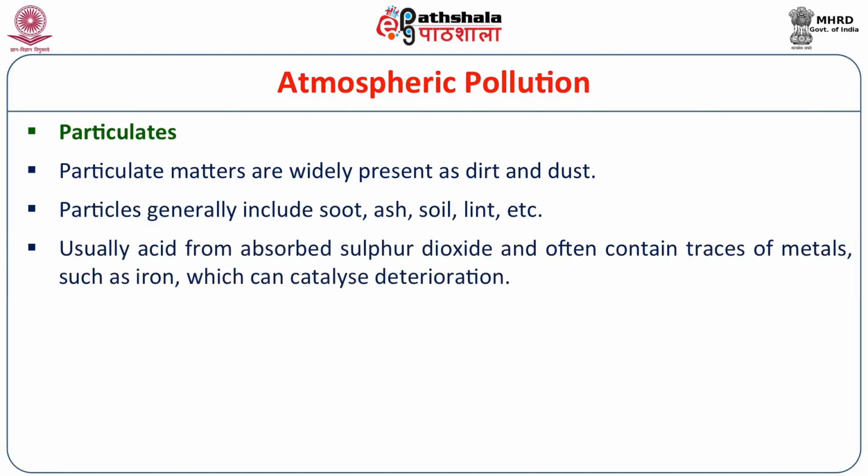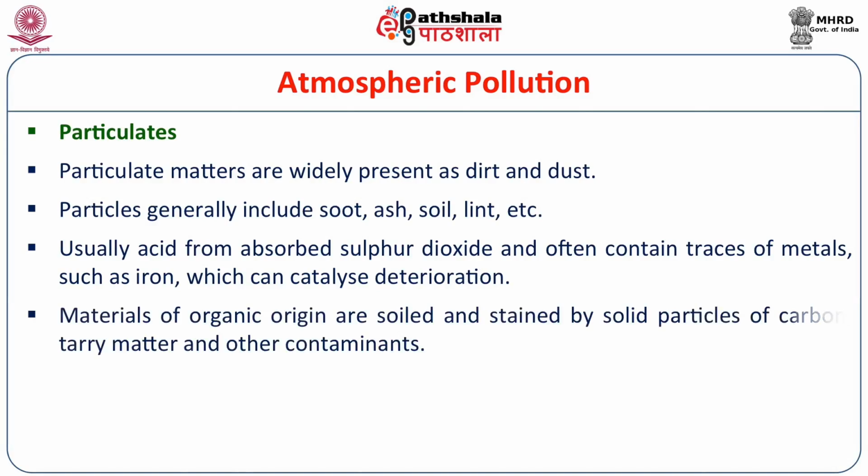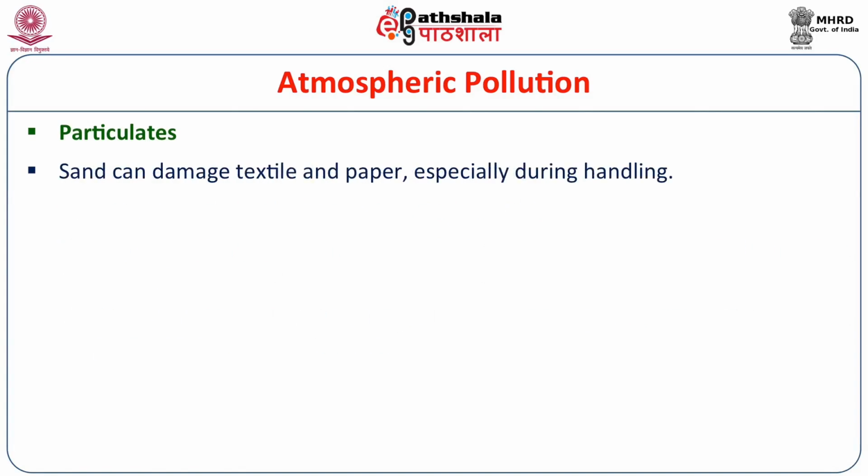Usually, acid rain from absorbed sulfur dioxide often carries traces of metal such as iron, which can catalyze or accelerate deterioration. Materials of organic origin are soiled and stained by solid particles of carbon, tarry matter, and other contaminants.